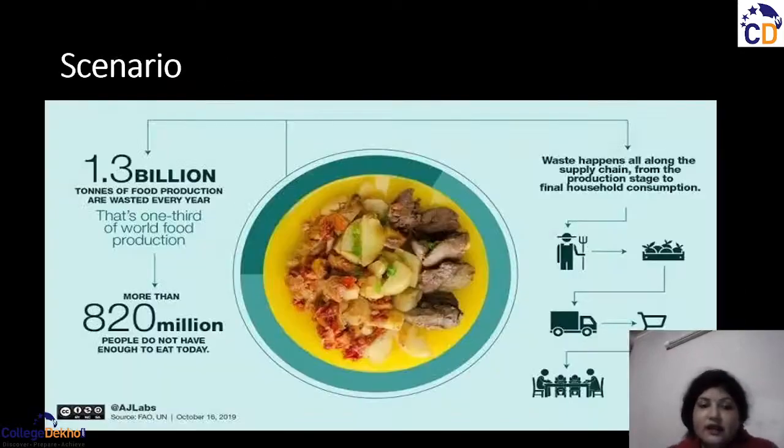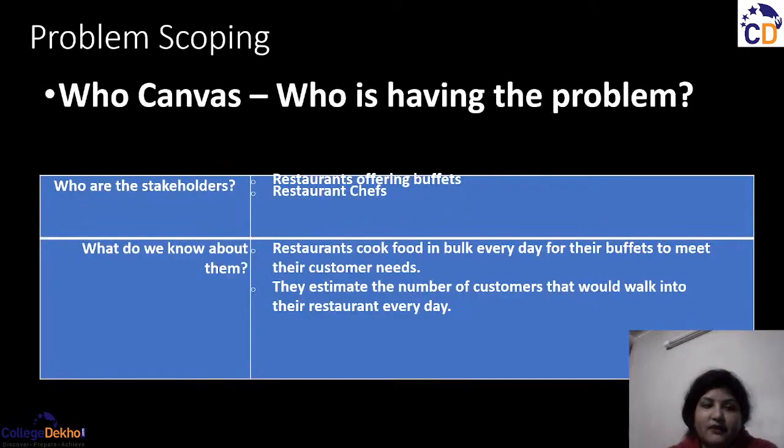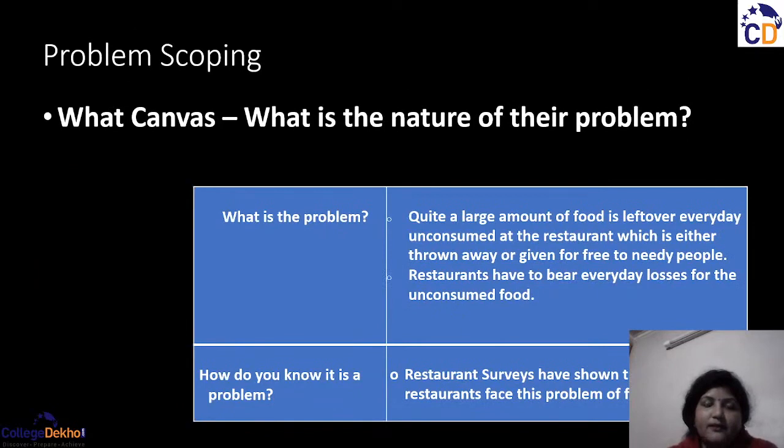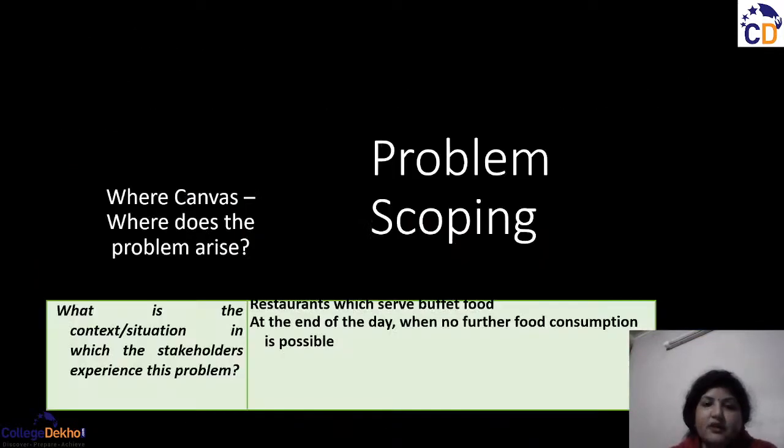So these are the different steps that we have studied today, and the 4Ws canvas. A very important point in the 4Ws canvas is that 'when' is not included. We have included only the 4Ws: who, what, where, and why. 'When' is not included in our problem scoping part.